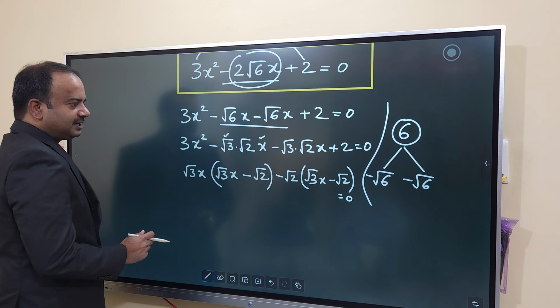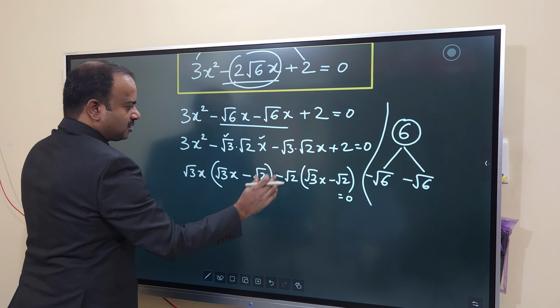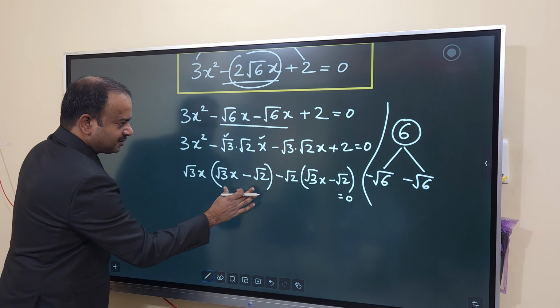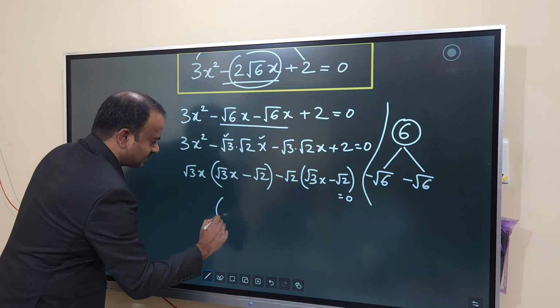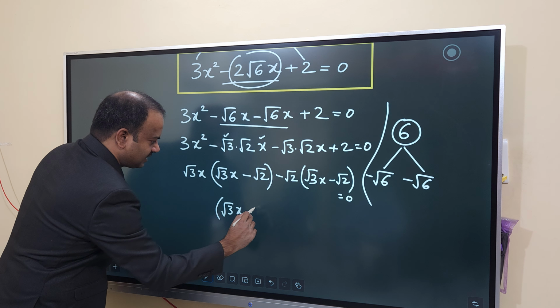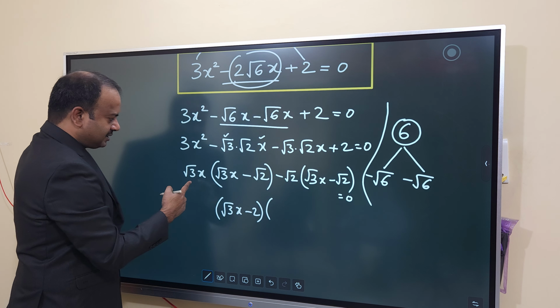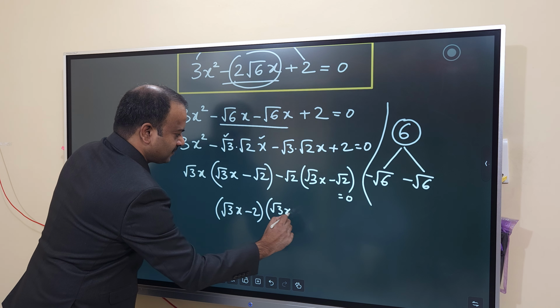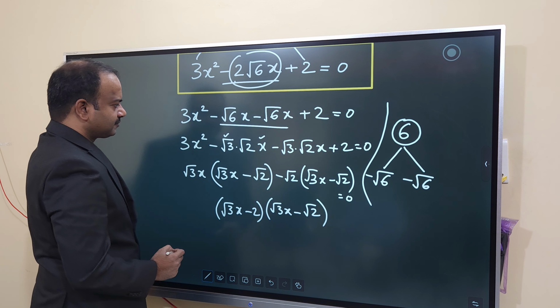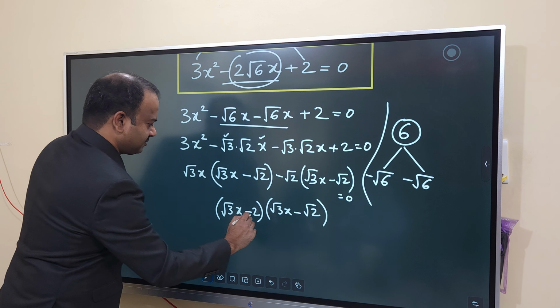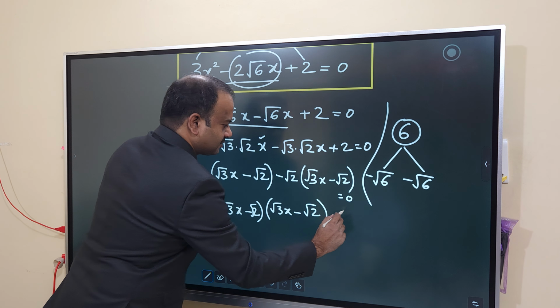Now I can see that root 3x minus root 2 is common. Let's write it like this: root 3x minus root 2 is common, and here we have root 3x and here minus root 2, equal to 0.